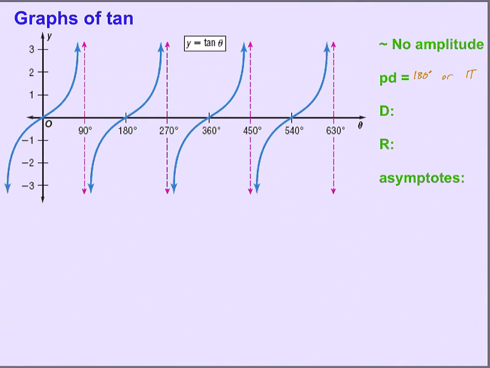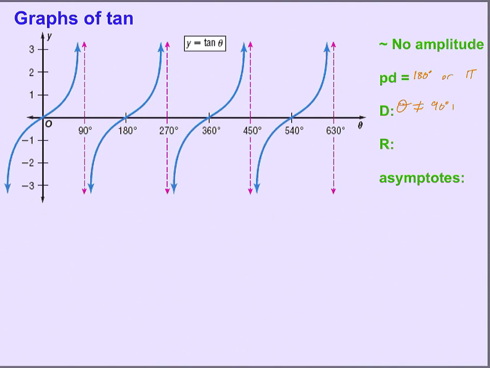The domain is not all real numbers like sine and cosine because of those restrictions, those vertical asymptotes. So what we'll say is that x cannot be, I'm sorry, this time I called it theta, so theta cannot be equal to 90 degrees, or any other number that's 180 degrees away from 90 degrees, because that asymptote repeats itself every 180 degrees.